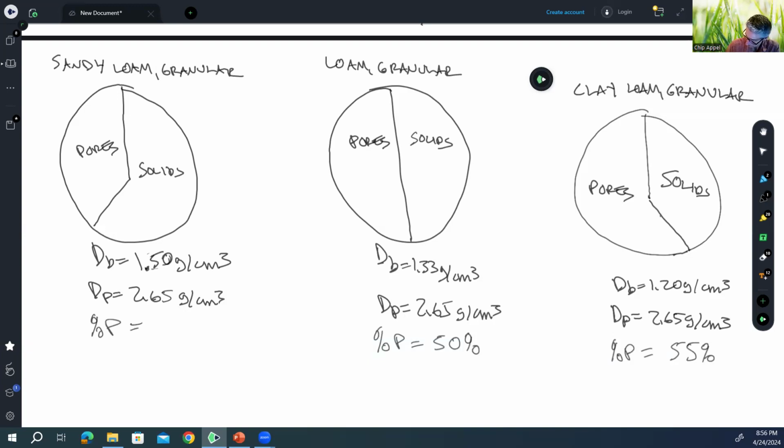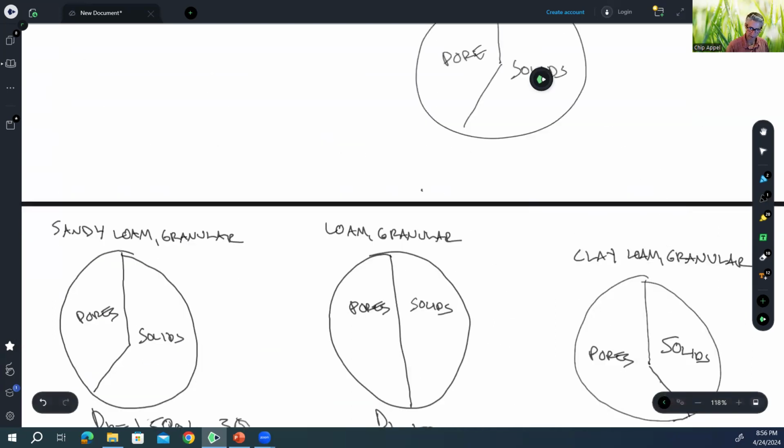So in this case, the porosity is 43%. So then the relationship between bulk density and porosity, take a look here, right? This value here and that value, and then this value here and that value, and then this value here and that value. So what is the relationship, right?